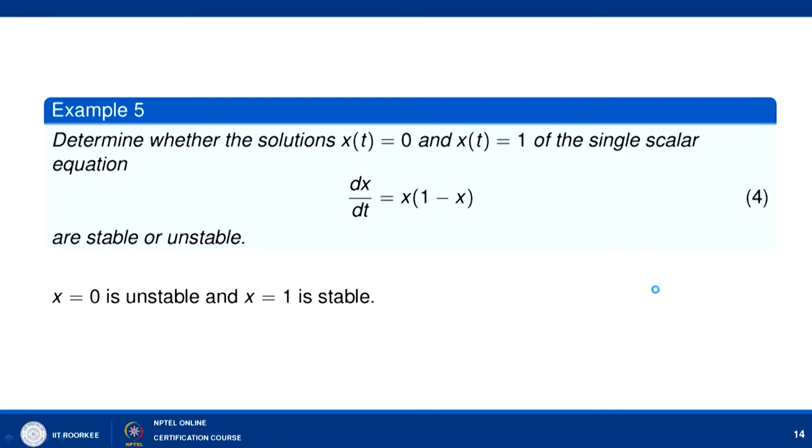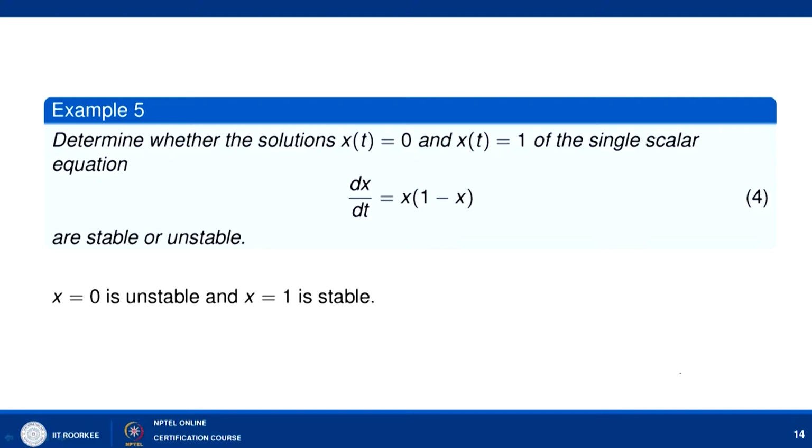Okay. Now let us consider one problem based on this. In this problem, determine whether the solutions x t equal to 0 and x t equal to 1 of the single scalar equation dx by dt equal to x into 1 minus x are stable or unstable.